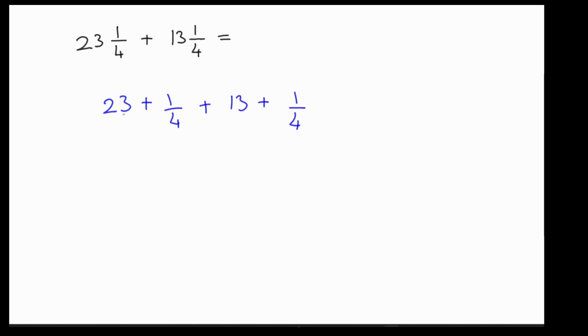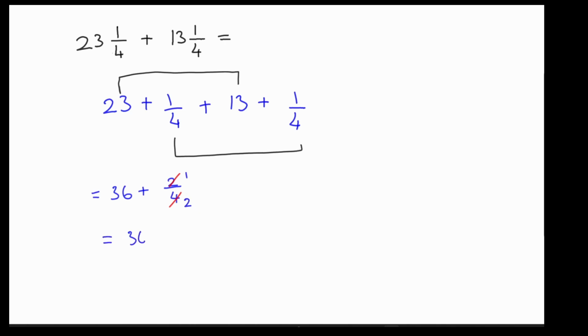Now, let's make it easier and just combine the integers and the fractions, and then we can do the rest. So 23 plus 13 is 36, plus 1 over 4 plus 1 over 4. The denominator is the same, so we're just going to write that, and 1 plus 1 is 2. We can actually further simplify this by dividing by 2, which gives us 1 over 2.